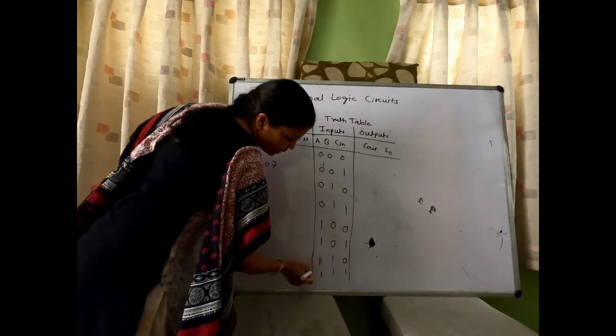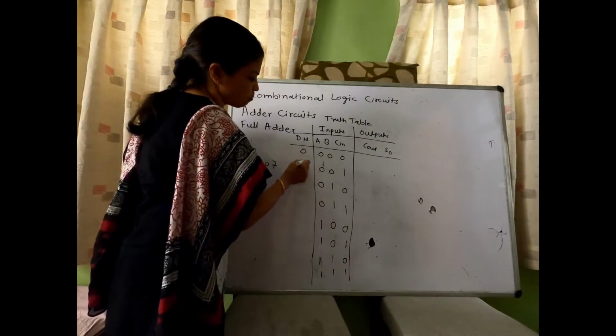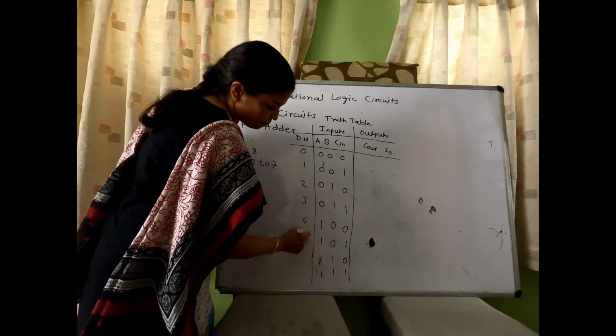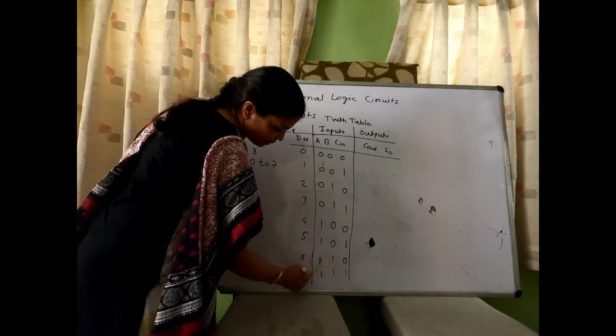The decimal equivalents for these are 0, 1, 2, 3, 4, 5, 6 and 7.